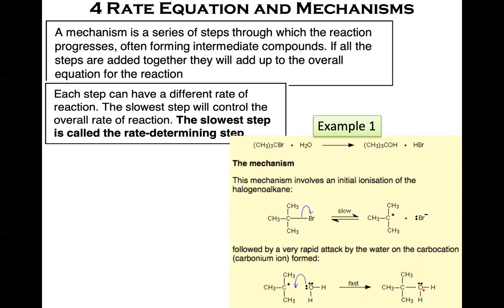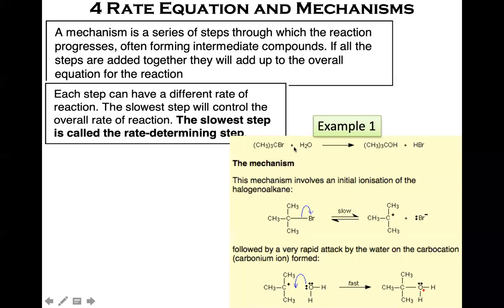So what is a mechanism? Basically, a mechanism is a series of steps through which the reaction progresses. It shows you how the reactants are transformed into products. It shows you the movement of electrons and the breaking of bonds, and in the process there is an intermediate, but later on the intermediate is used up.